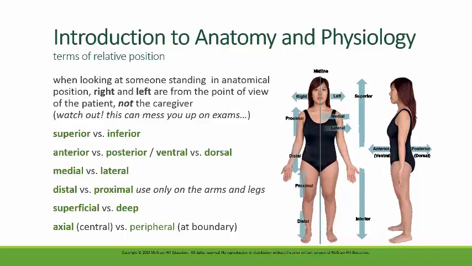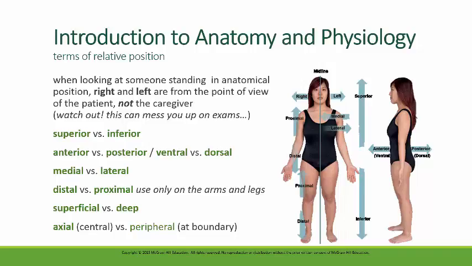So when someone is standing in anatomical position and you, as a caregiver or as you're looking at a picture, are looking at that person, you want to remember, because this always gets somebody in the class every semester, so you don't want to mess this up, that right and left are always from the perspective of the patient, not the caregiver.